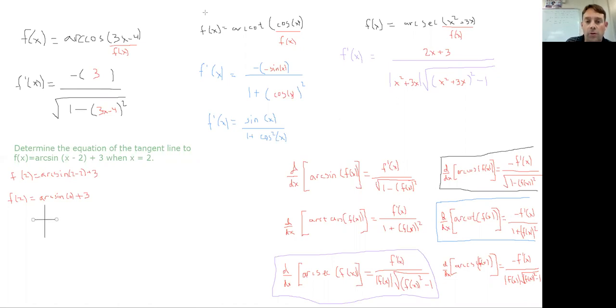I know I can't go to the left side, so that's gone. So arcsine is 0 when my y value is 0. That's going to be right here at 0. So that means f of 2 equals 0 plus 3, which is 3. Okay, so we got our point.